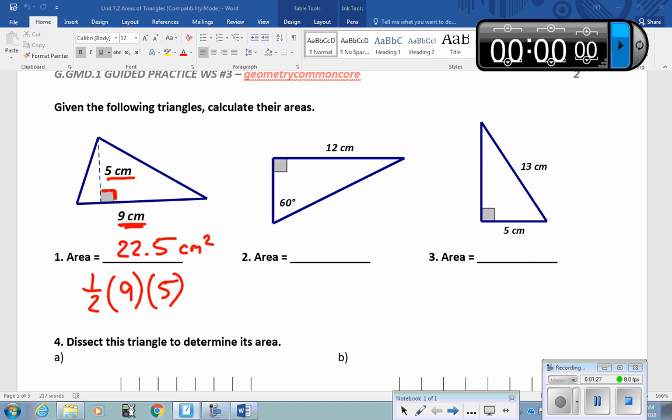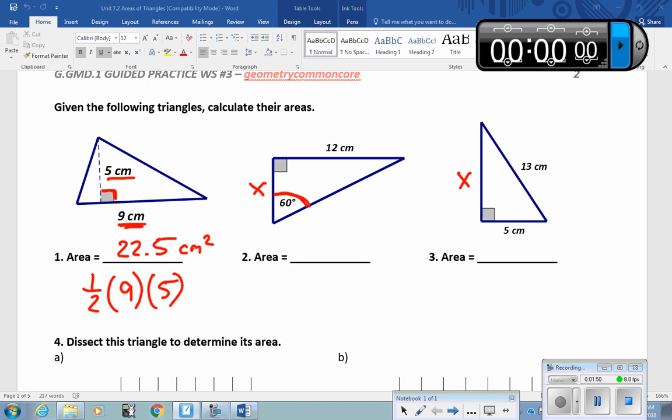Now with 2 and 3, depending on how you look at it, I don't have the height for 2. There's no measurement. And for 3, I have 13 that's diagonal, but I don't have the height for 3 either. So what I'll have to do for 2 to find that area is use sine, cosine, or tangent because there's a degree measurement.